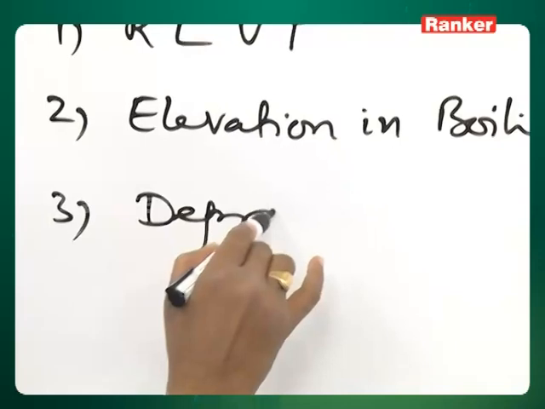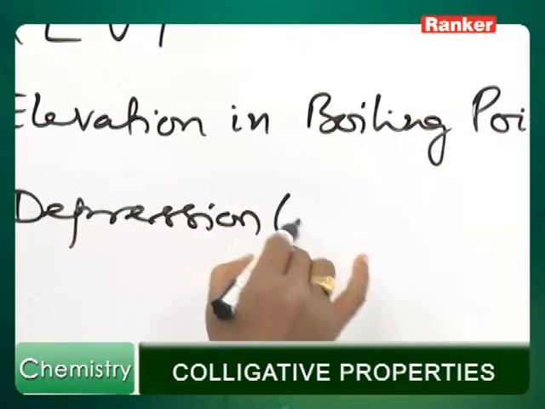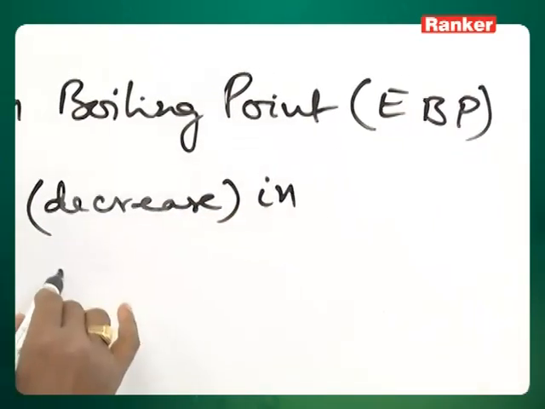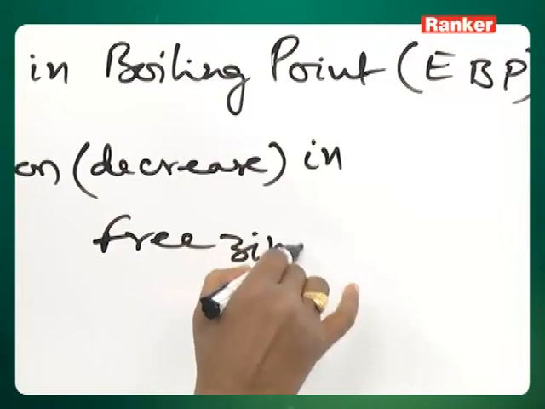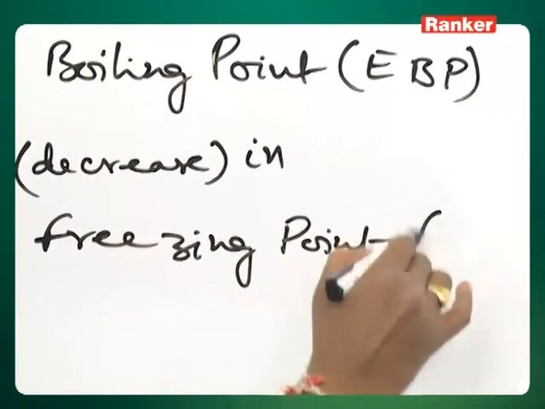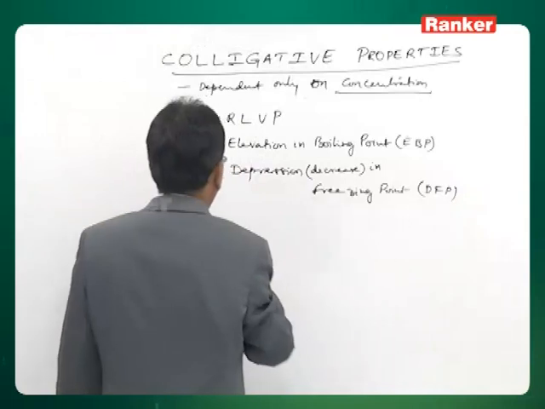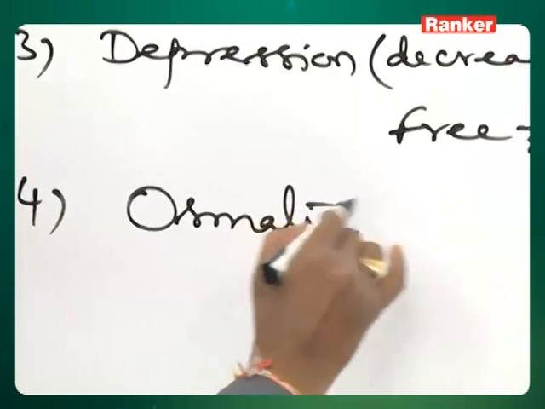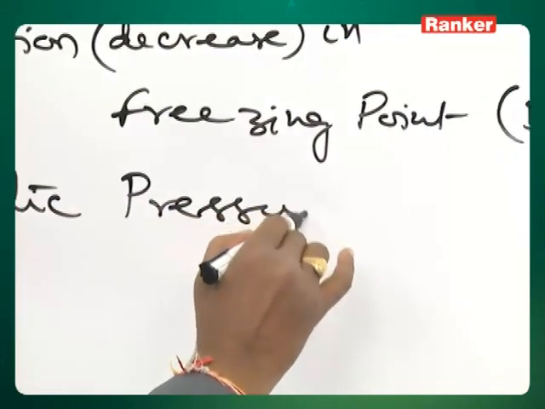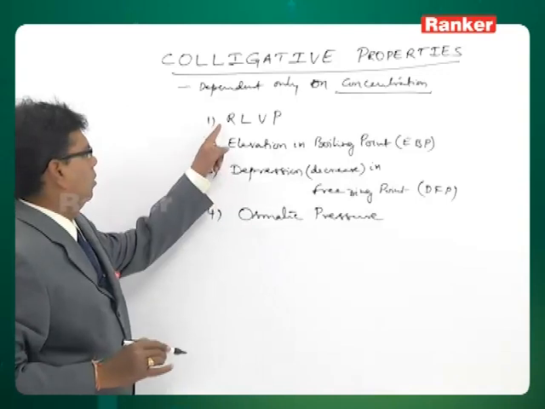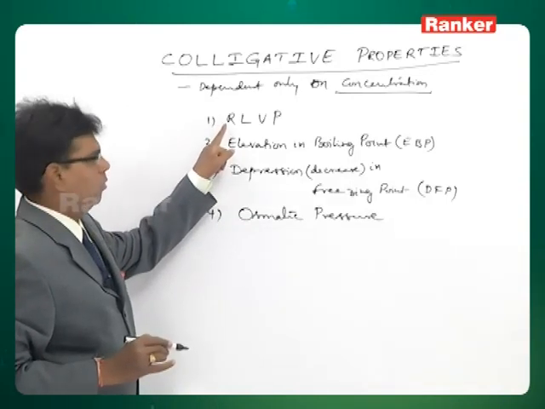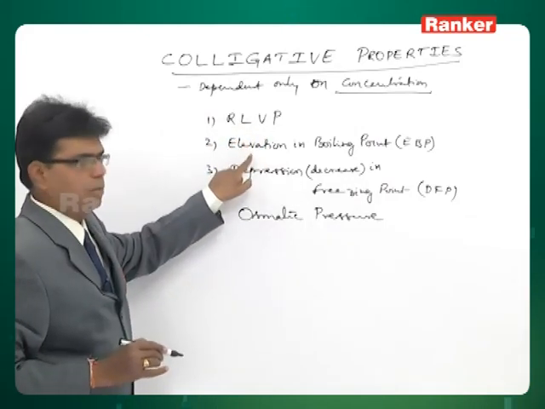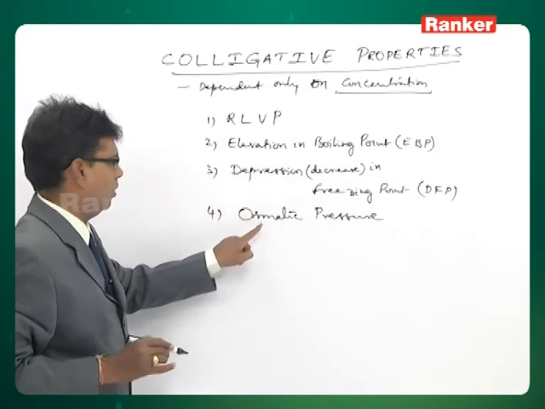Third is depression or decrease in freezing point, and fourth is osmotic pressure. The colligative properties are 4 in number. They are relative lowering of vapor pressure, elevation in boiling point, depression in freezing point, and osmotic pressure.